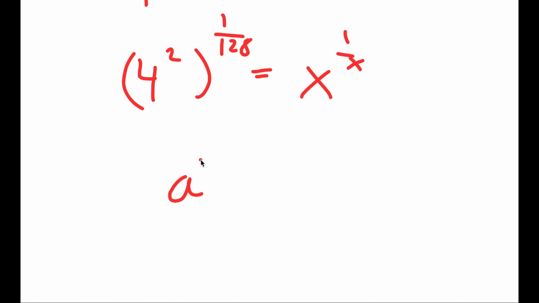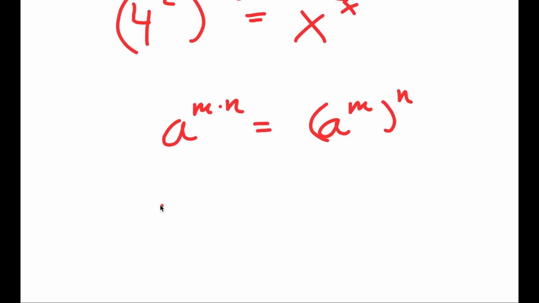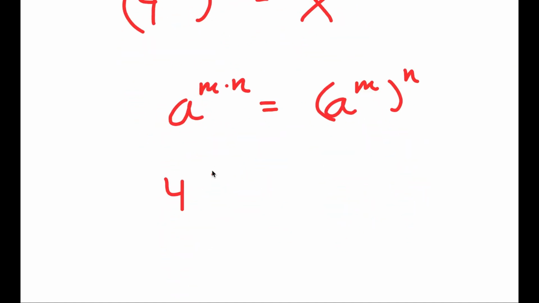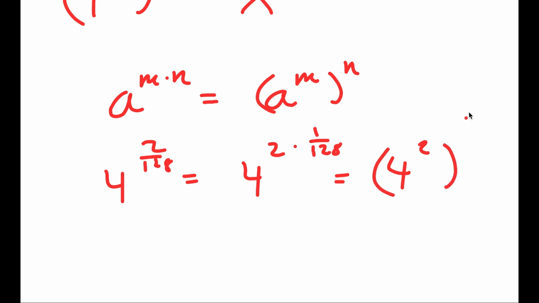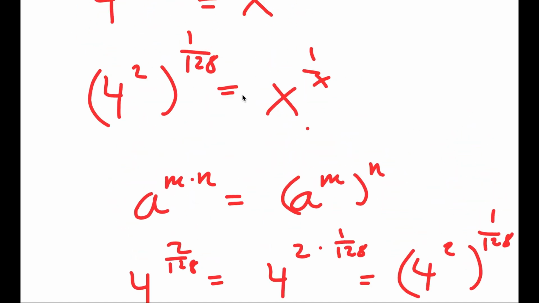Because remember, if I have something in the form a to the power of m times n, this is equal to a to the power of m to the power of n. So 4 to the power of 2 over 128 is the same thing as 4 to the power of 2 times 1 over 128, which is equal to 4 squared to the power of 1 over 128.